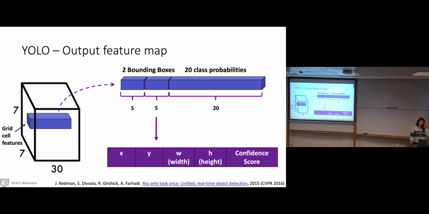And also for that, we have the probability of the 20 class options. The meaning of the 20 classes doesn't mean that in this cell there is a cat. It basically means that if there is a bounding box that contains an object with high confidence, then that is a cat.